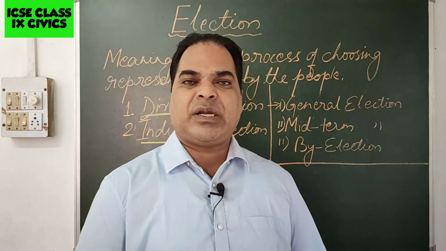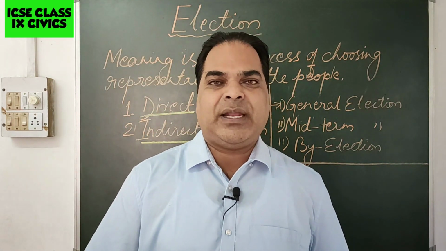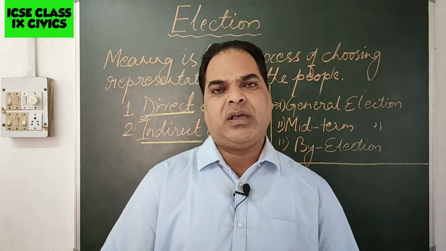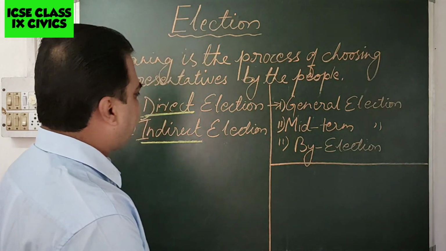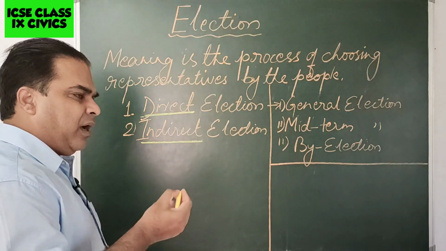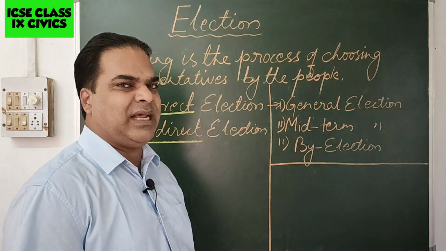How are the seats determined in Lok Sabha or the legislative assembly? Seats are determined on the basis of population. The higher the population, the higher the number of constituencies. So Lok Sabha elections are held directly, legislative assembly elections are held directly, and the panchayat elections are held directly.